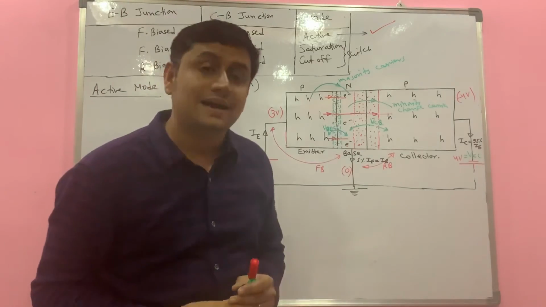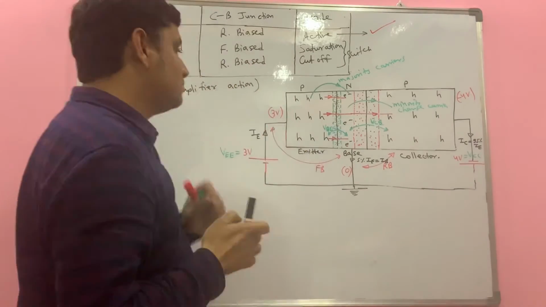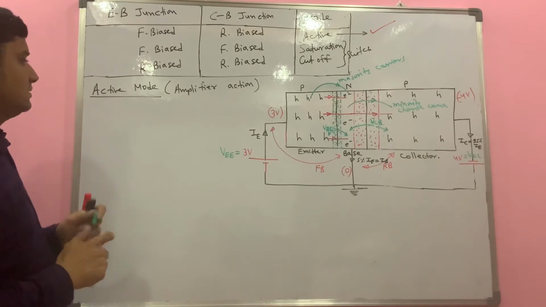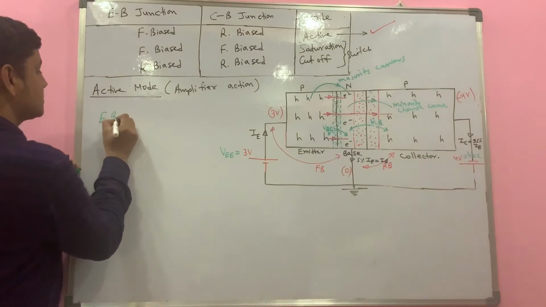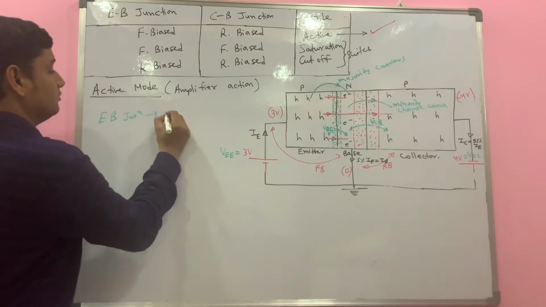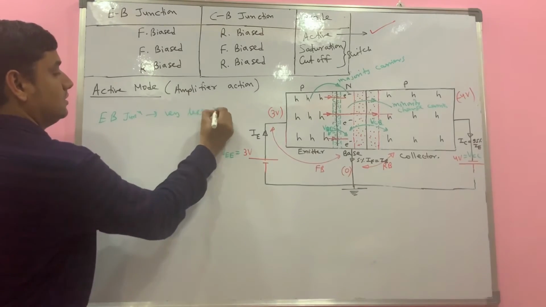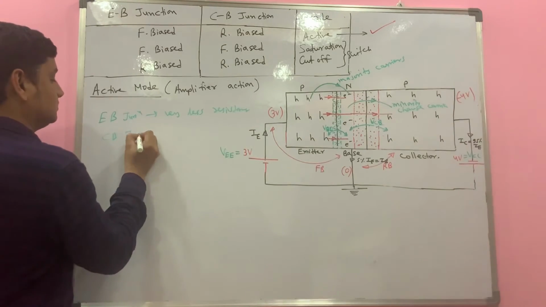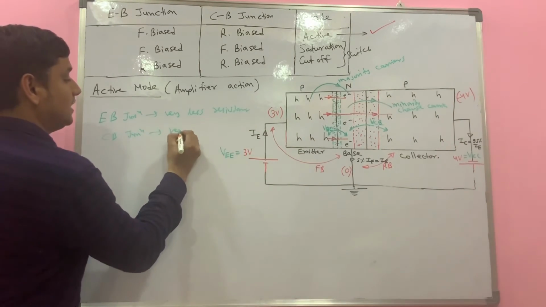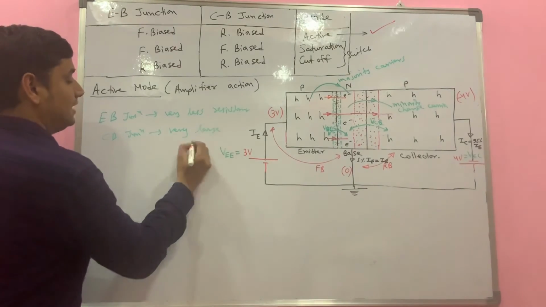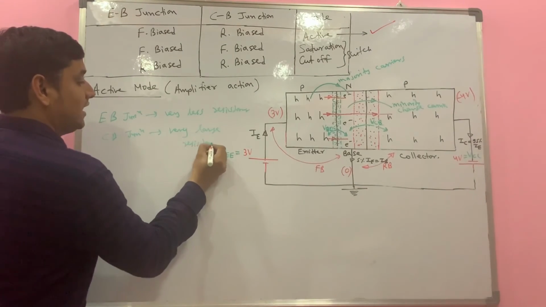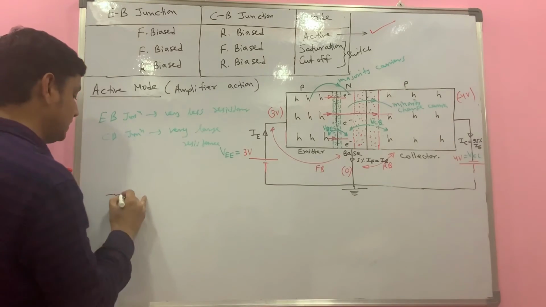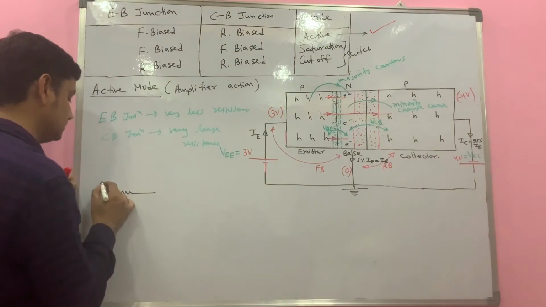And that is the amplifying action. In the case of active mode, we see that the emitter base junction offers very less resistance and the collector base junction offers very large resistance. So we are seeing how it behaves: a current comes, call it IE.